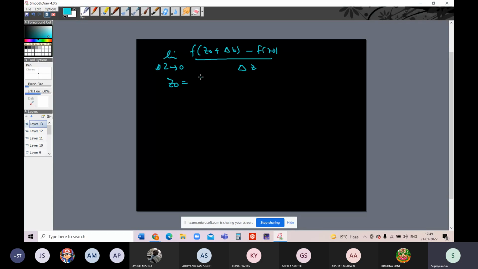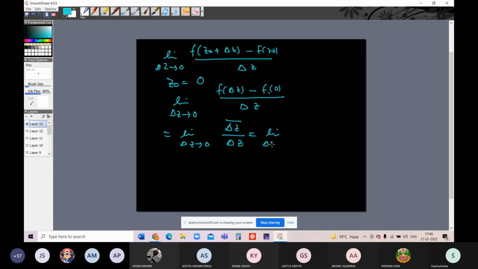Here our z0 is 0, so this limit is delta z approaching 0 of [f(delta z) minus f(0)] upon delta z. f(0) is 0 here. So this will be delta z bar upon delta z, which can be written as the limit of (delta x minus i delta y) divided by (delta x plus i delta y).